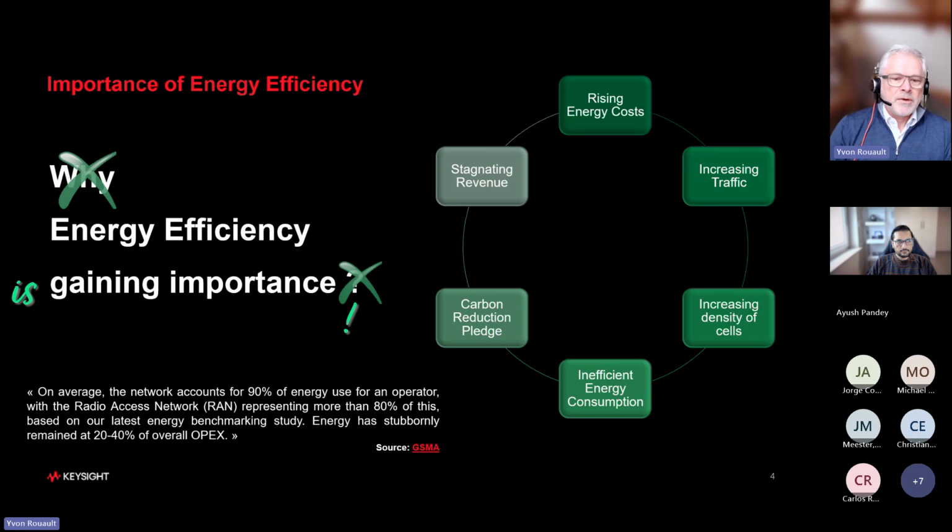In the network, roughly 80% of the energy is used by the radio access network alone, so it's very important to look at that carefully. Another important number is that energy represents 20 to 40% of overall operating expenditures. That's very significant from a cost perspective.